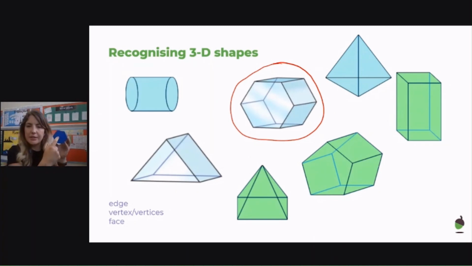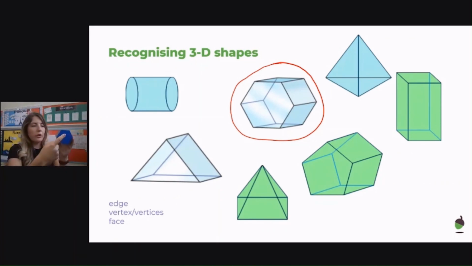So that's a hexagon. And this shape is a prism, like a triangular prism. So this shape is called a hexagonal prism. And you may be able to notice another prism on the screen, which this knowledge will help you with. So this is a hexagonal prism.